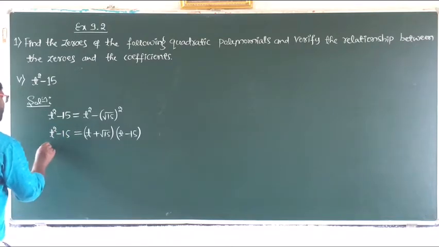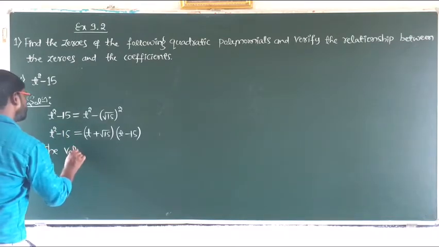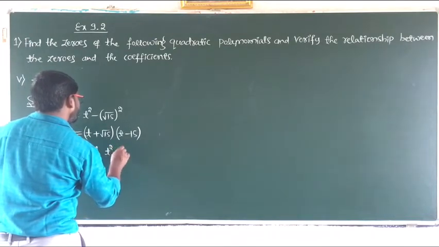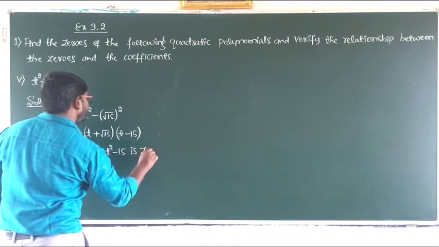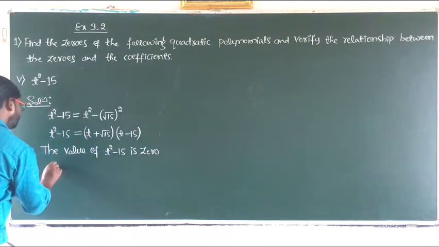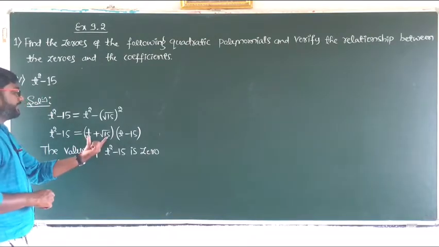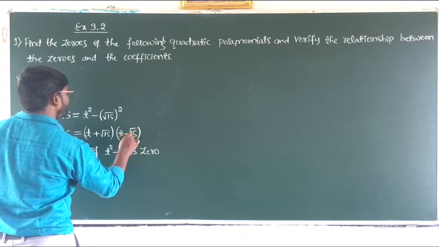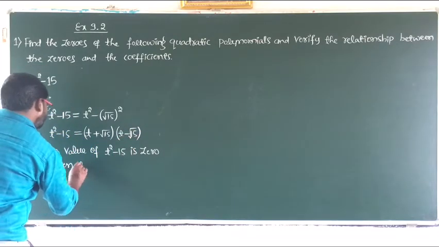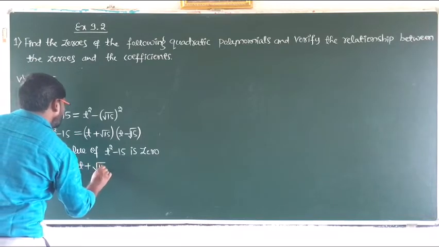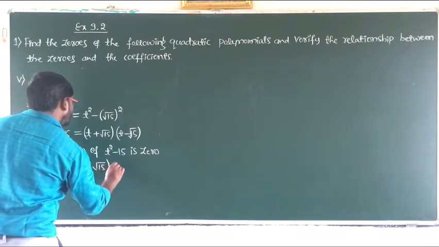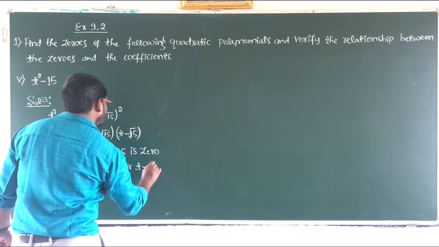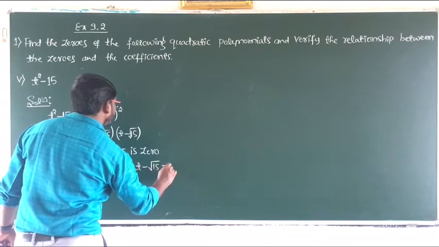The value of t square minus 15 is 0 when t plus root 15, so here this has to be root 15, sorry. So now t plus root 15 equal to 0 or t minus root 15 equal to 0.